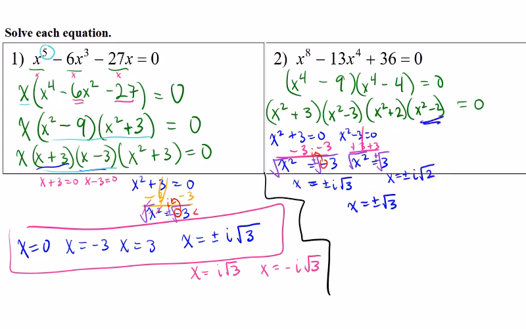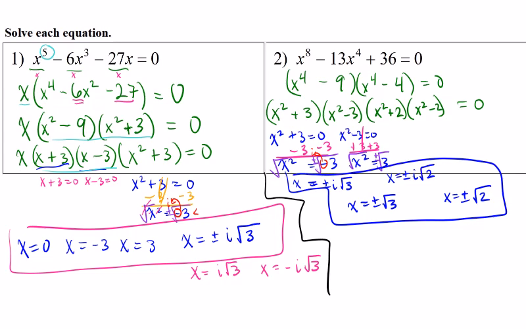Okay. And then this one's going to be very similar to this one. So we're going to get x equals plus or minus root 2. No i on that one because we're going to have to add 2, and so we'll end up with a positive radicand. So those are our 8 answers. Okay. Plus or minus i root 3, plus or minus i root 2, plus or minus root 3, plus or minus root 2.